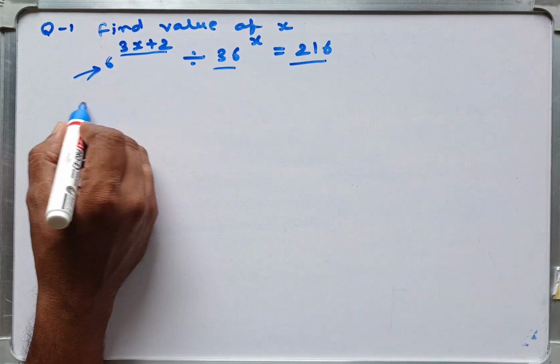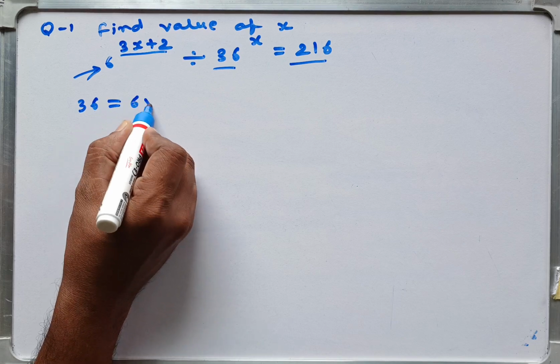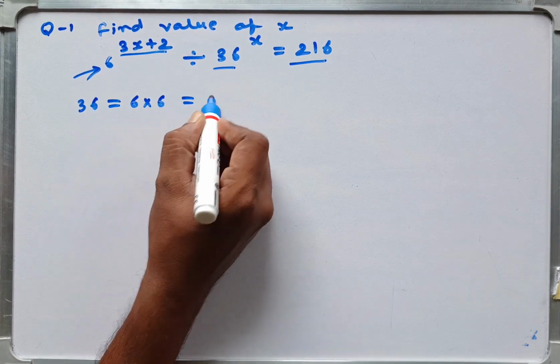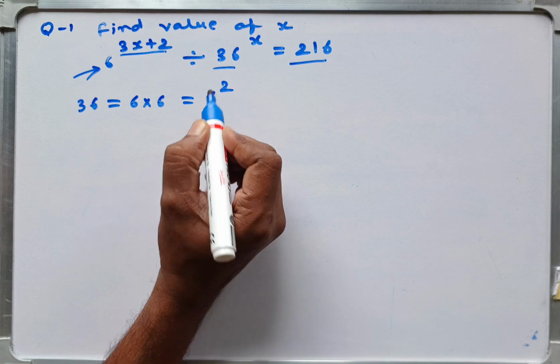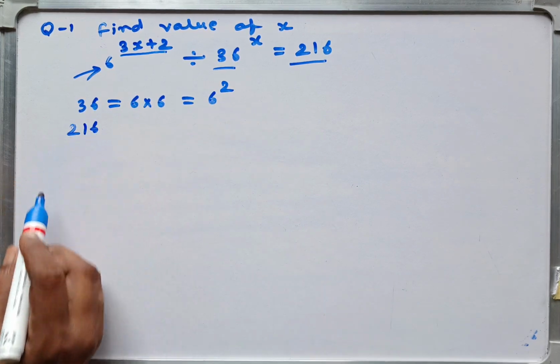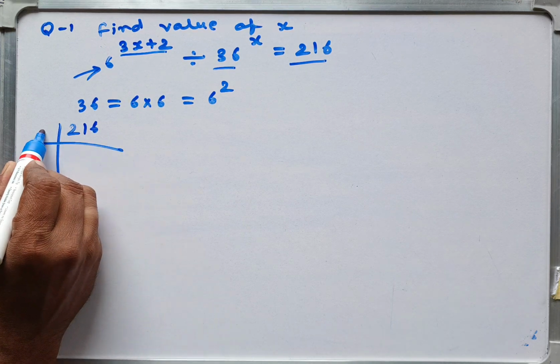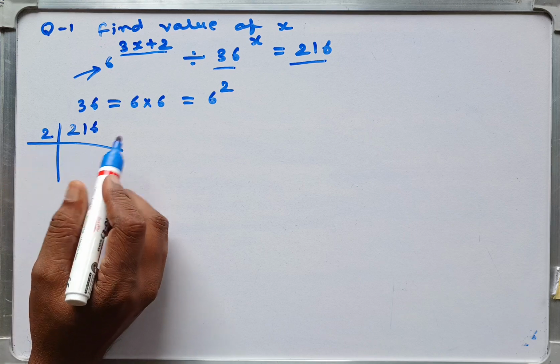You know, guys, we can write 36 equal to 6 into 6, so you can write it as 6 to the power of 2.